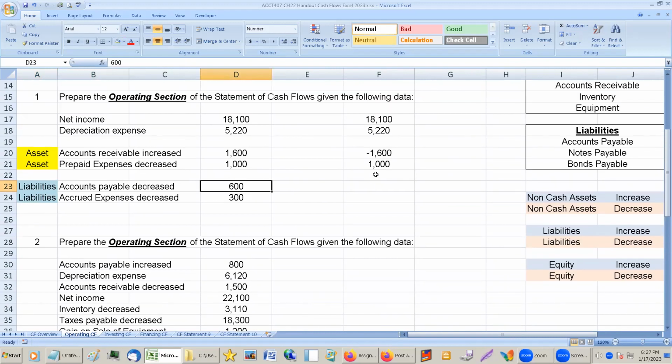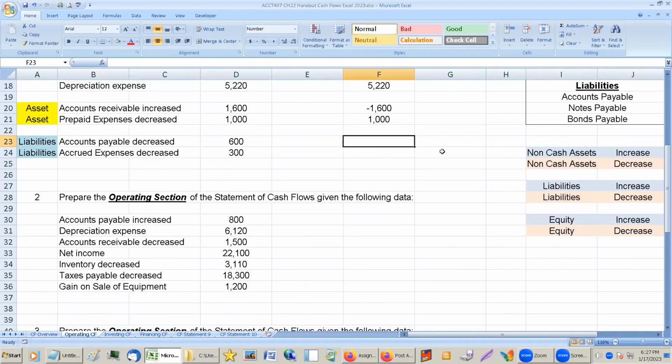So what happened to our cash? Decreased. Yep. And you think about it, how does your accounts payable go down? You pay them. And same thing for this one, accrued expenses decreased.